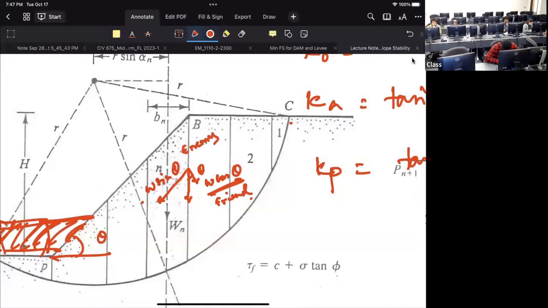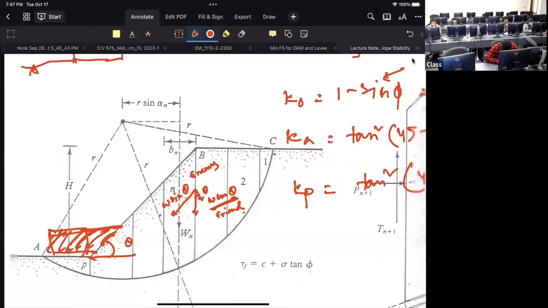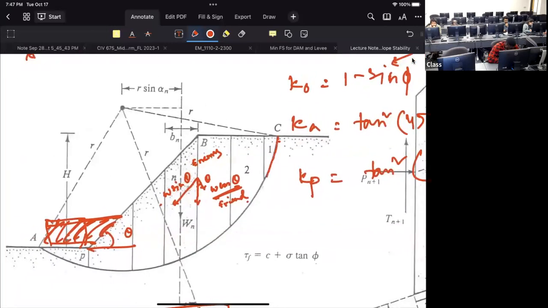Now you want to find out the total W sin theta, so you need to find the whole area first, then multiply it with gamma to get the weight. So you can calculate the W sin theta, isn't it? Now, how can you calculate it?